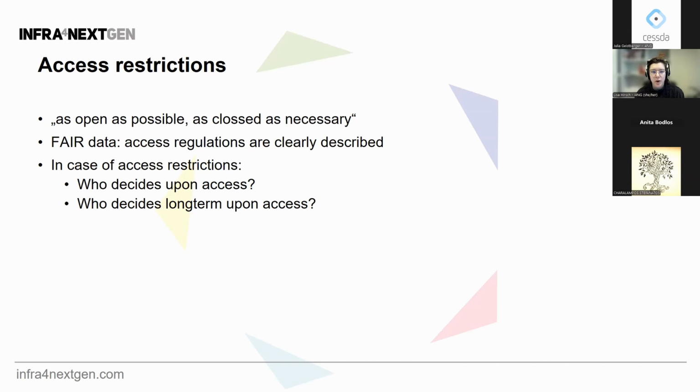And if there are access restrictions, there's two important questions. So first of all, who decides upon access? So who decides who has access to which type of data? And then who decides upon access in the long term as well? So who decides during the research project and then again after the research project?